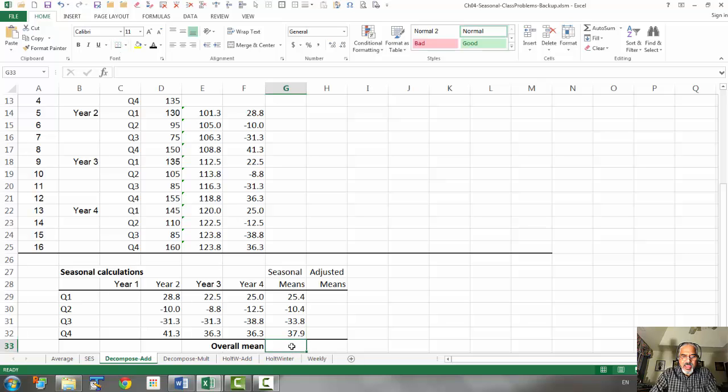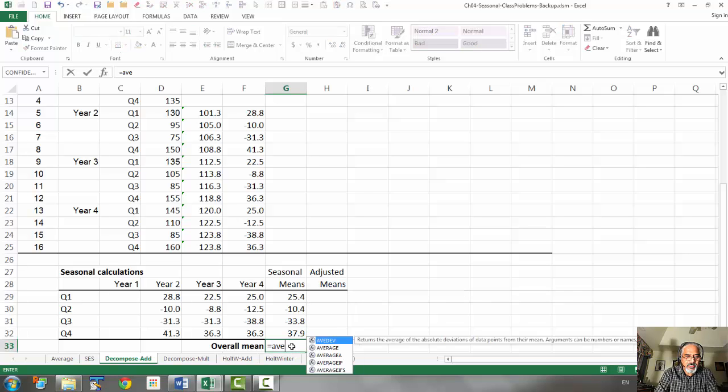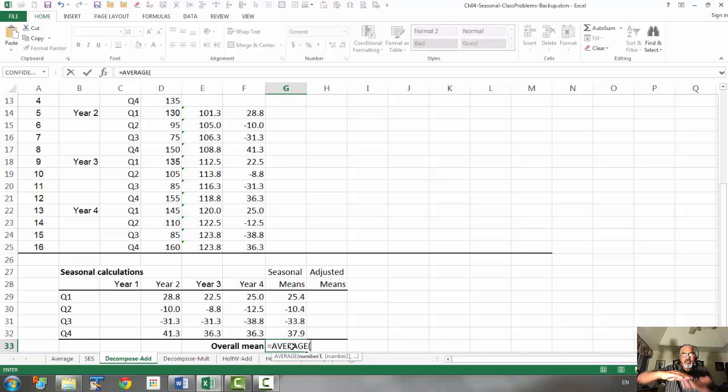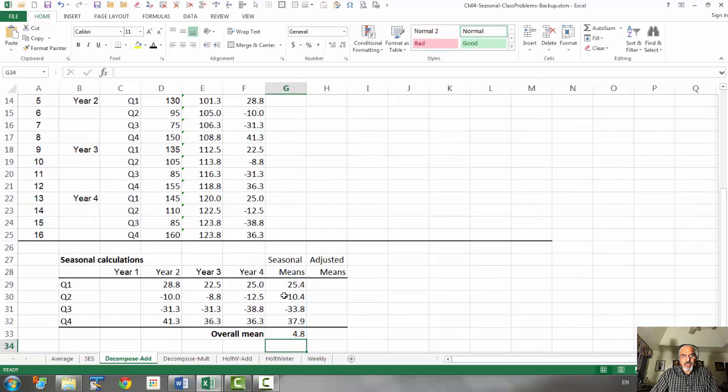Now when you average these, some of the quarters will have positive effect, some of the quarters will have negative effect, so the average must be equal to 0, but usually it will not be. And therefore we have to standardize the seasonal means, and that's called the adjusted seasonal mean, and those are the seasonal index values.